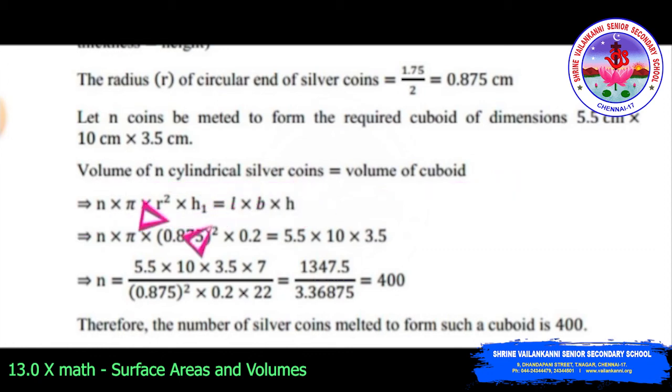Substituting, we get n into pi into 0.875 the whole square into 0.2, which is equal to 5.5 into 10 into 3.5. Keeping n on the left hand side and taking the numbers to the other side and simplifying, we get n equal to 1347.5 by 0.36875. Further dividing, we get 400. Therefore, 400 coins were melted to form a cuboid of the given dimension.